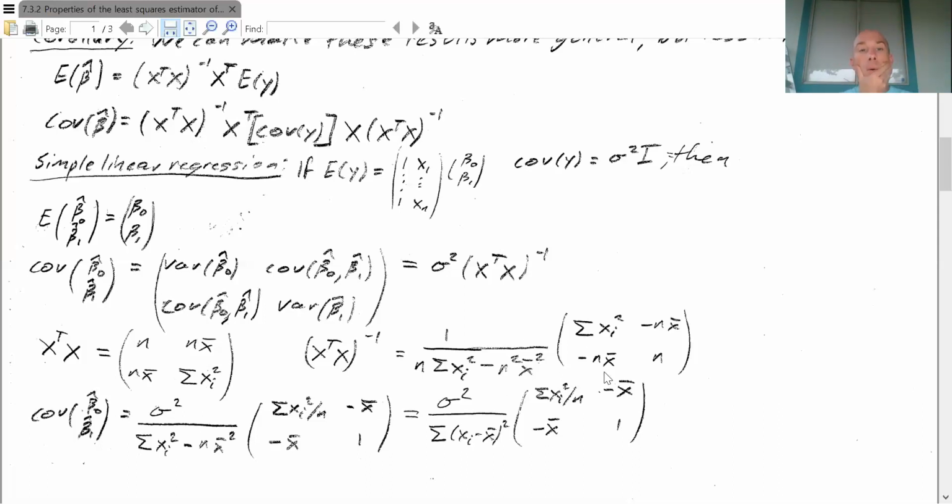Okay, well, I know that this inverse times sigma squared is equal to this matrix here. So if I go through entry by entry, I can line it up. Now it works out that there's another formula to represent this part down here after a little bit of manipulation. It's going to be the sum of squared deviations from x bar.